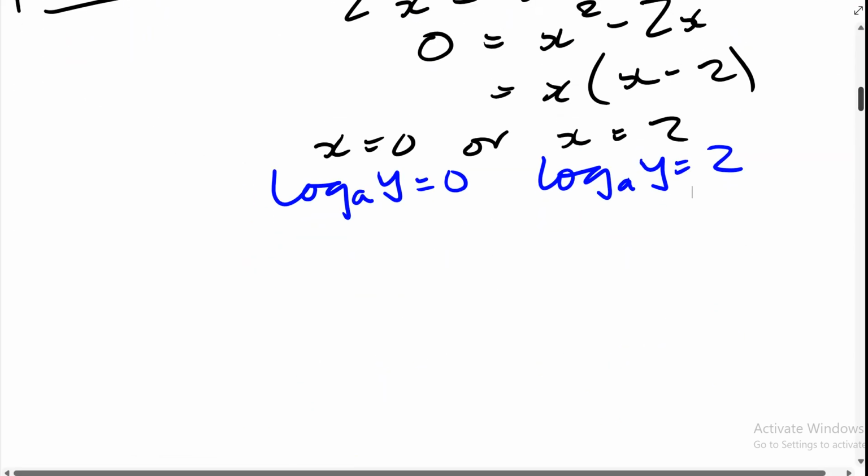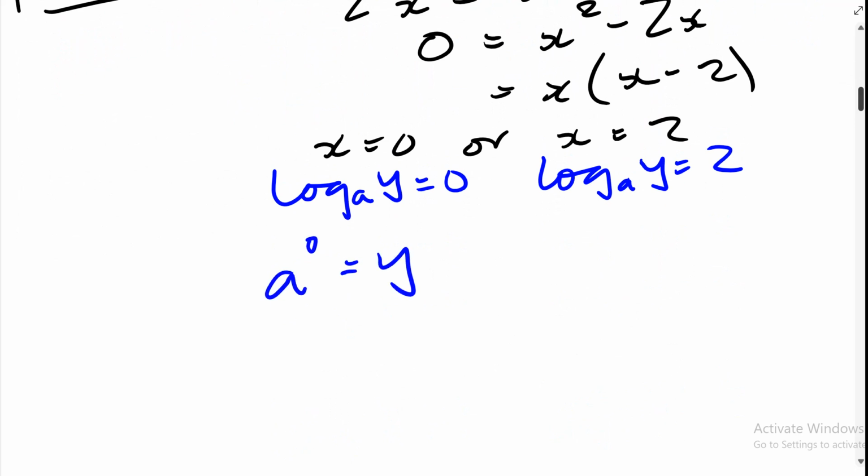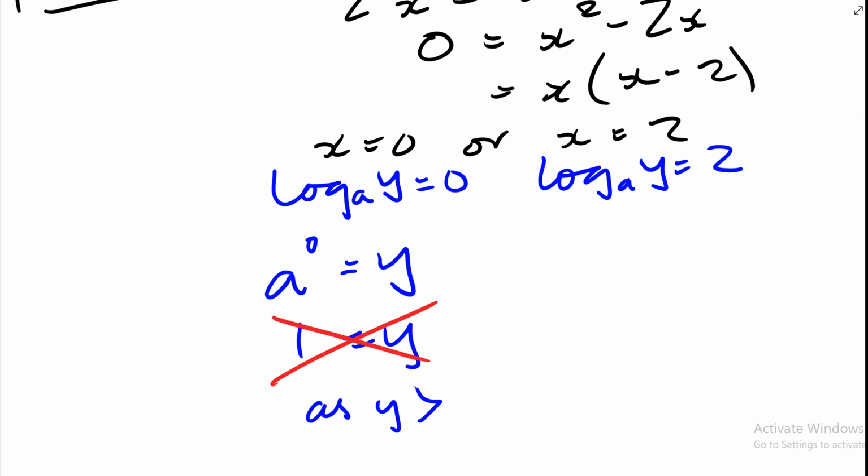So a to the power of 0 equals y, which means that y equals 1, but we can't have that, as it tells us in the question that y is greater than 1, so that's no good. We need to use the other one. So a squared equals y.